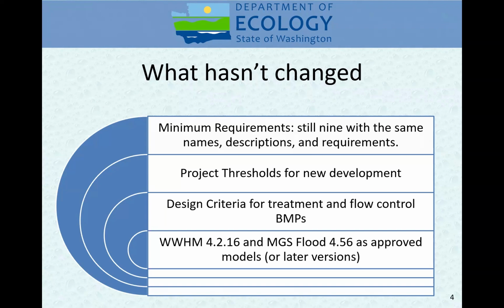Right now, under 2019 rules, not a lot of replaced hard surface on redevelopment projects has to be treated for flow control and treatment. By adding this replaced value in the thresholds for redevelopment, we're bringing more of those in.